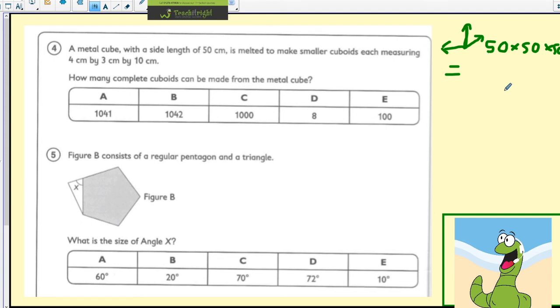How nice is that? So 50 times 50, it's going to be the same as 5 times 5, so 25, but with the two 10s added on. And that multiplied by 50 is going to be 25 multiplied by 50, which is going to be 125, but with 1, 2, 3 zeros.